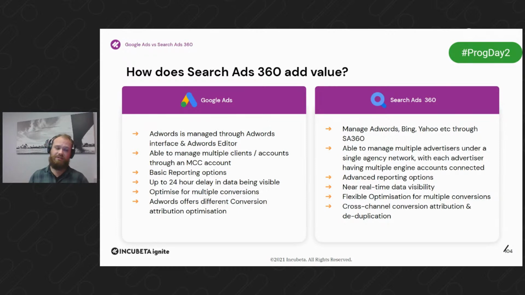There are advanced reporting options, including the web query report, which can be imported into other platforms. Near real-time data visibility: there is a syncing aspect which you do need to set up, and you can get it to sync relatively quickly and pull that real-time data through.